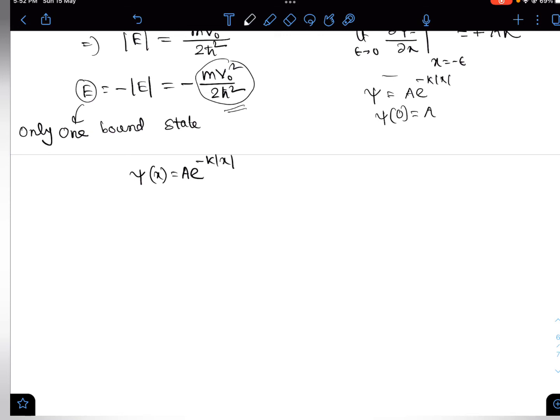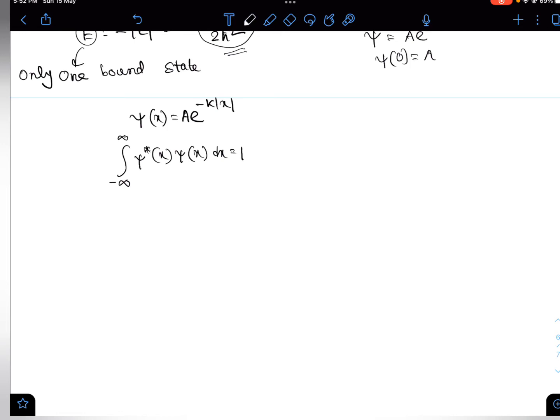So by the normalizing condition, we can write from minus infinity to infinity psi star psi, this should be 1. So we can write this as minus infinity to 0, and in this limit psi is A e to the power minus kx.